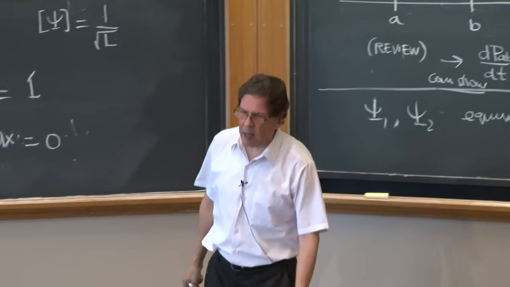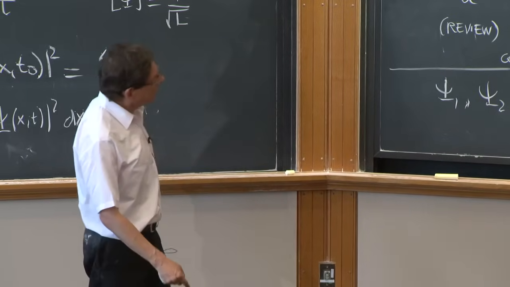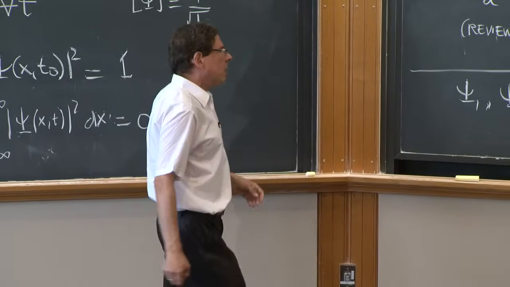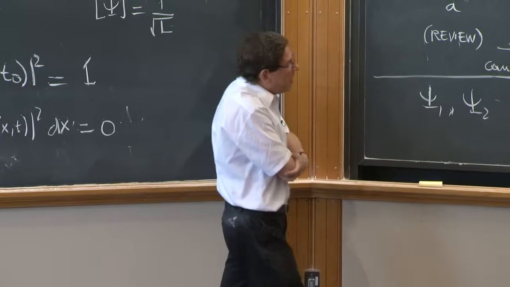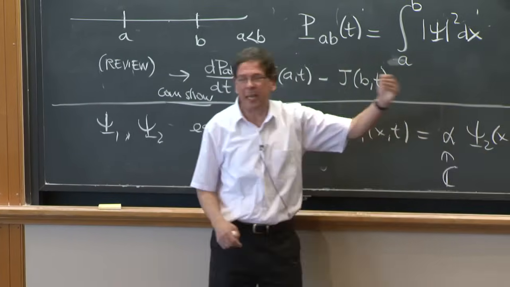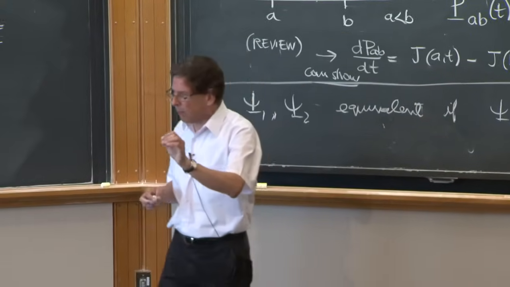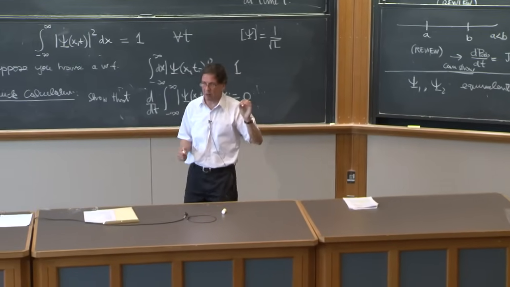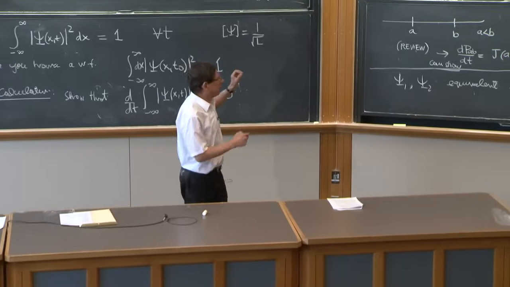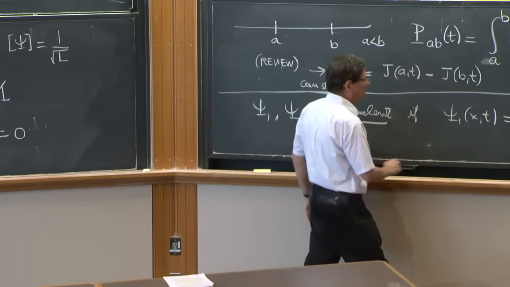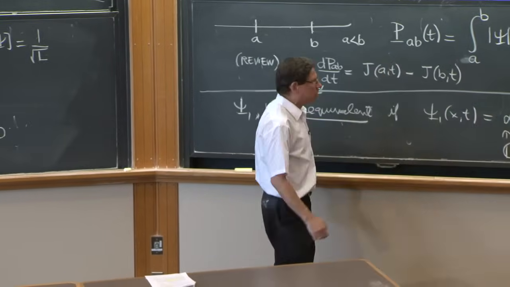Now you would say, well, I don't like that. I like normalized wave functions, and you could have a point there. But even if these are normalized, the two wave functions could differ by a phase, and they would still be physically equivalent. This is part of the definition of the theory: these wave functions are really physically equivalent and indistinguishable.